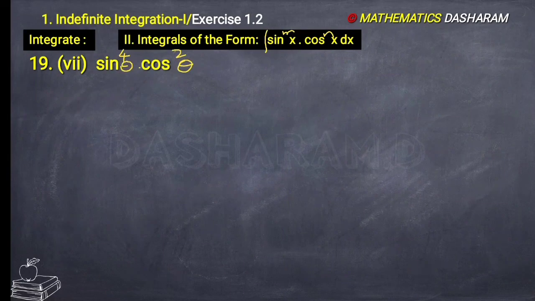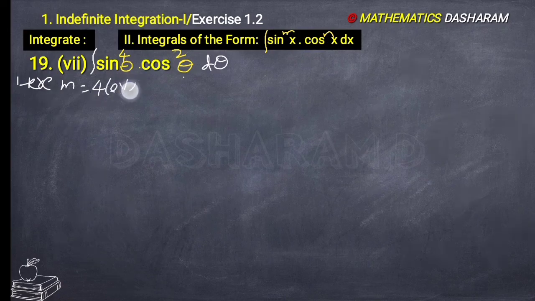Seventh question, sine to the power of 4 theta into cos square theta. So apply the integration with respect to theta, because your function is defined in theta, not in x. When comparing this question with this form, here the m value is 4, which is an even number, and the n value is 2, which is also even.